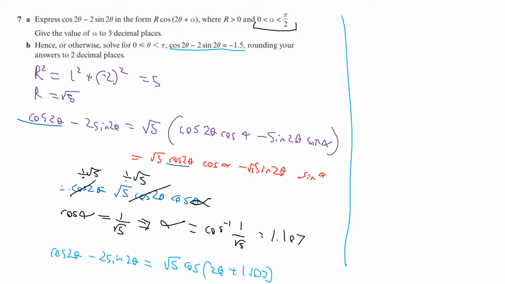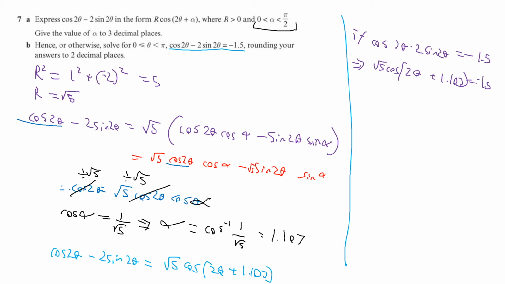How are we going to do that? Well, if cos 2 theta minus 2 sine 2 theta is equal to negative 1.5, then therefore we know that root 5 cos 2 theta plus 1.107 is also equal to negative 1.5.